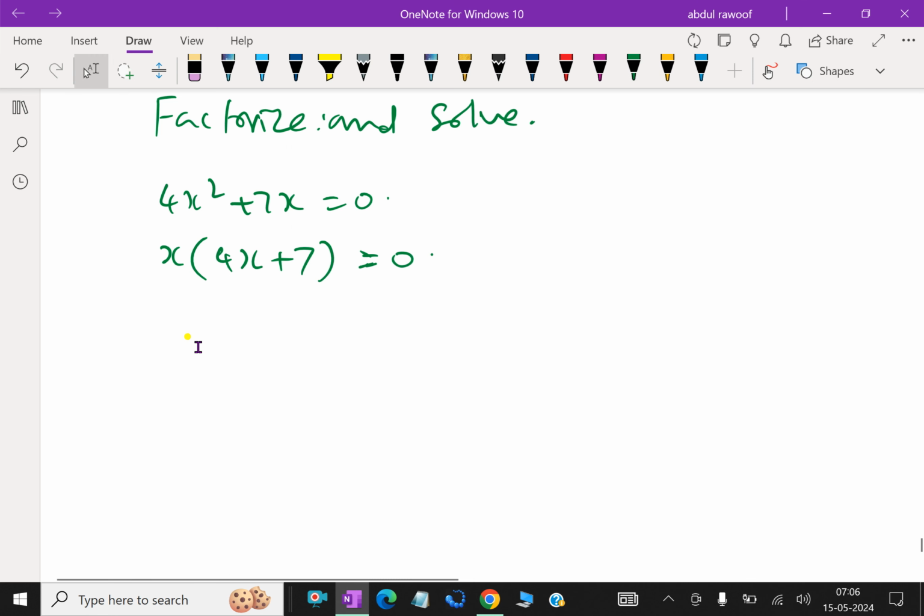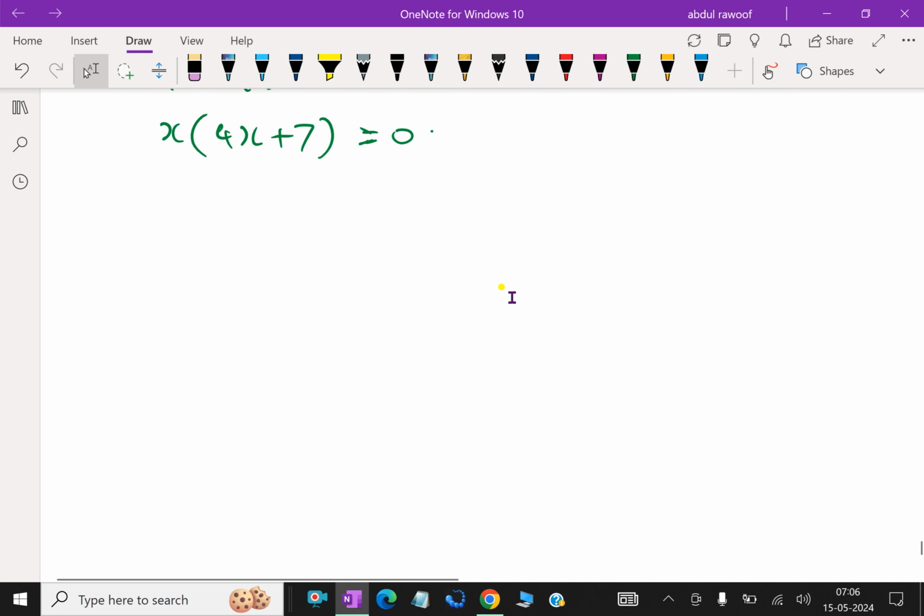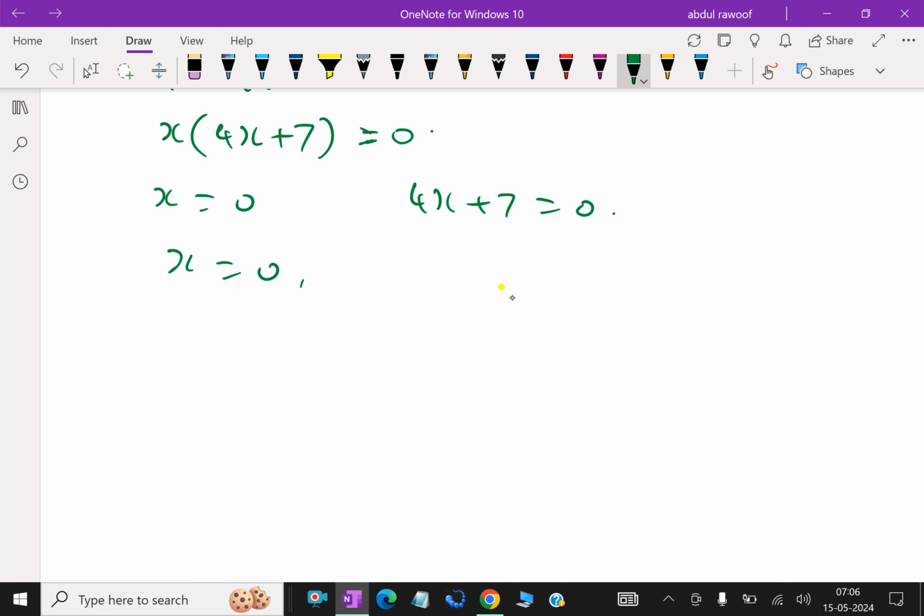Here, the product of these two factors is equal to 0. Then we can write x equals 0 or 4x plus 7 equal to 0. Therefore, x equals 0, and 4x equals minus 7, then x equals minus 7 by 4.